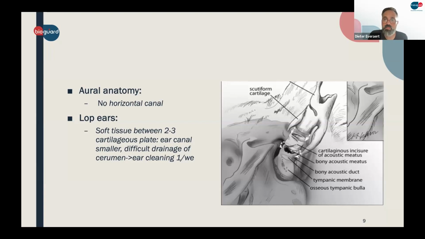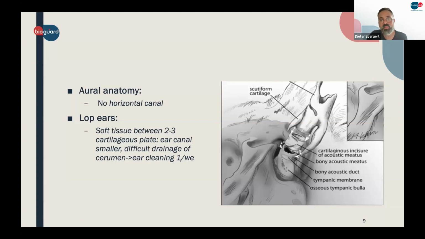As you can see, you have the acoustic meatus with the bony acoustic meatus, and then the 3 parts of cartilaginous plates. In lop-eared rabbits, there's a soft tissue between the 2nd and the 3rd cartilaginous plate.